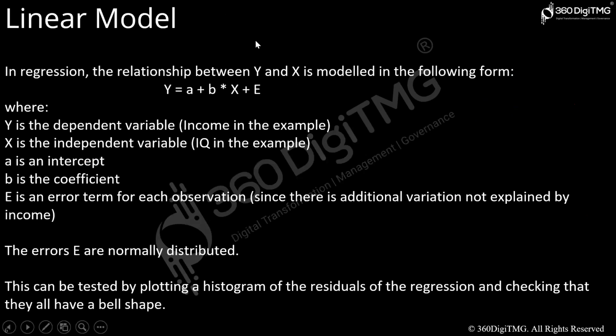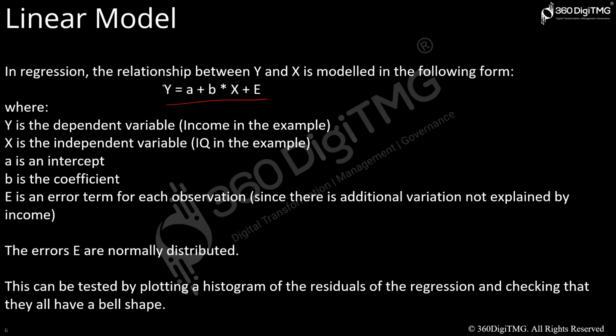So next is the linear model. In regression, the relationship between y and x is modeled in the following form: Y is equal to a plus b times x plus e.